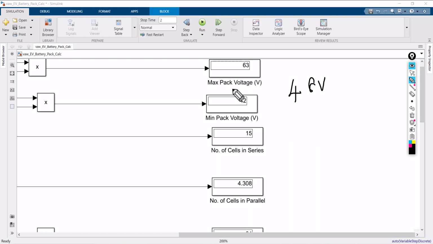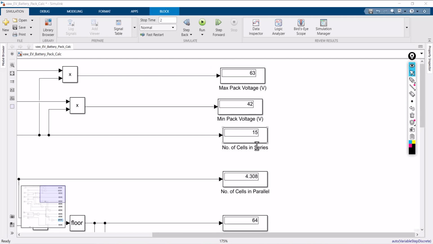If the maximum pack voltage is going beyond 63, you cannot use it. And similarly, if the minimum pack voltage is going less than 42, you cannot drive the machine. The total number of cells connected in series is coming around 15 cells. And the total number of cells connected in parallel is 4.308. See, that's what I mentioned here.